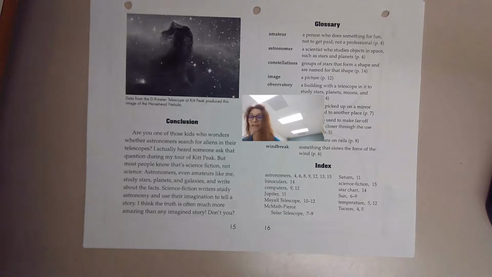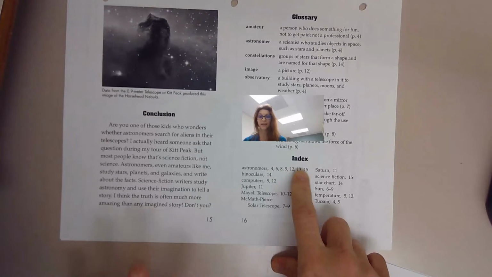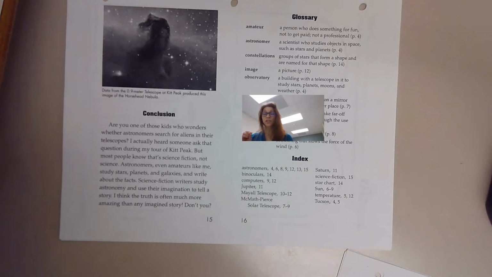Okay, so that's how you would use a glossary. While we're here, let's take a look at an index. An index gives us certain words or topics that are important in the story, and it gives us exactly what page we can find them on. So, say you were doing a research project on Jupiter.